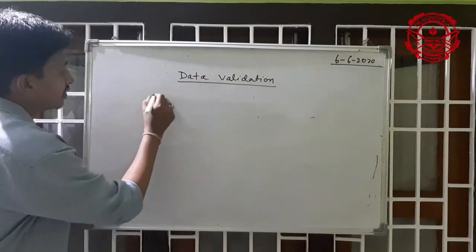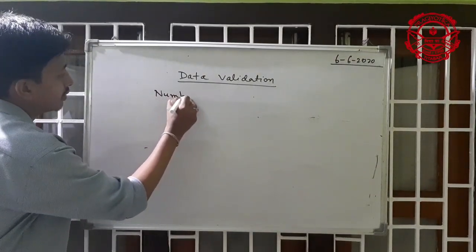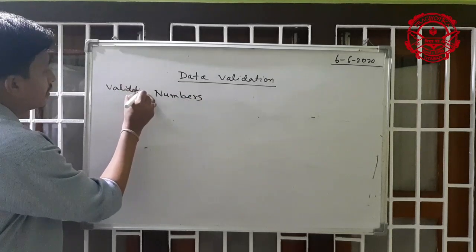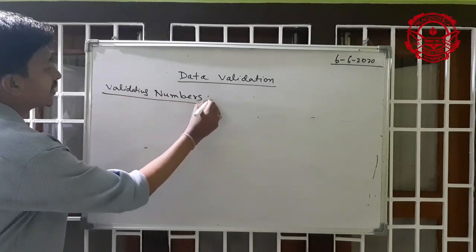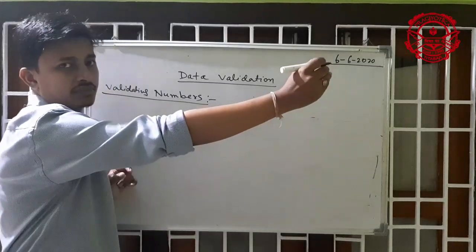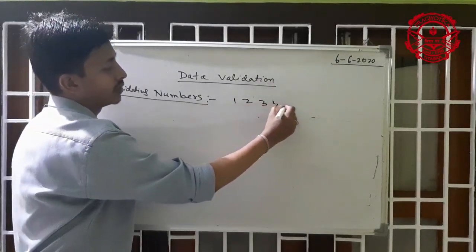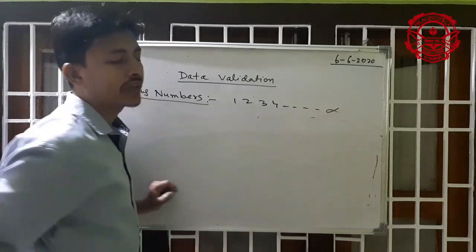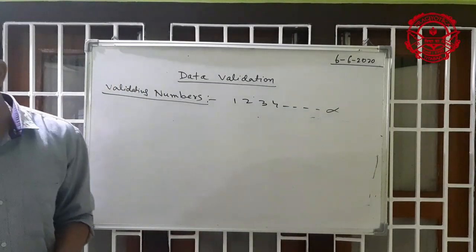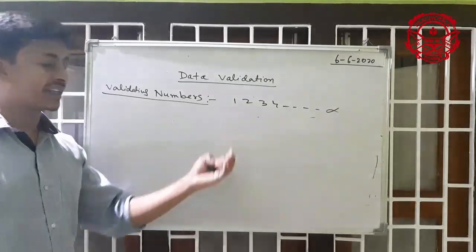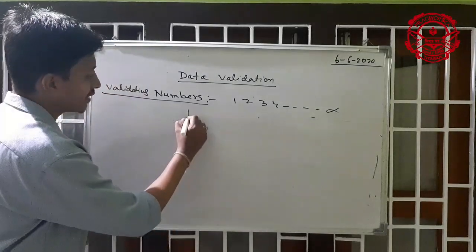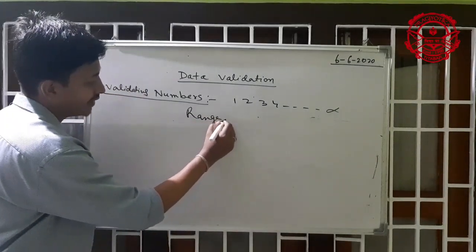If you are going to validate any numbers, it first checks that the value falls in a certain range.